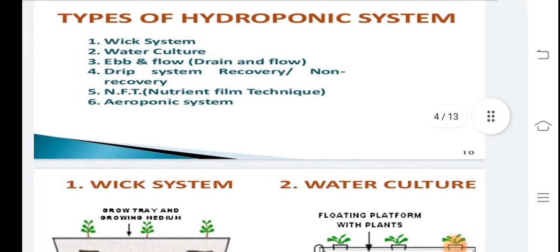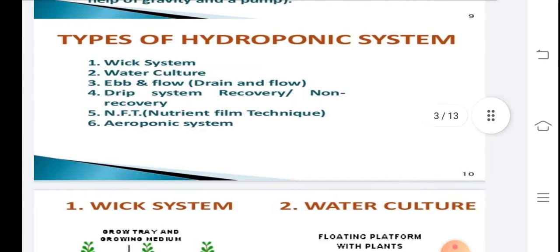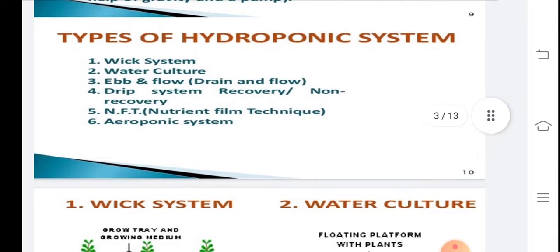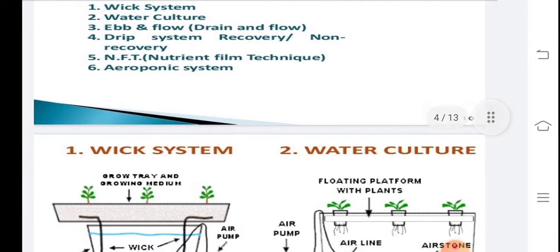Then we have already seen the six types of hydroponics: wick system, nutrient water culture, ebb and flow, that is drain and flow, the drip system, recovery or non-recovery, NFT nutrient film technique, and the aeroponic system.